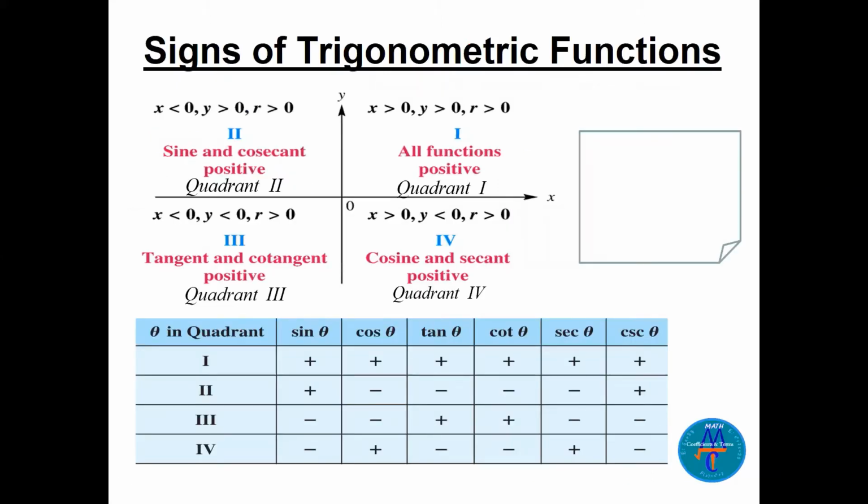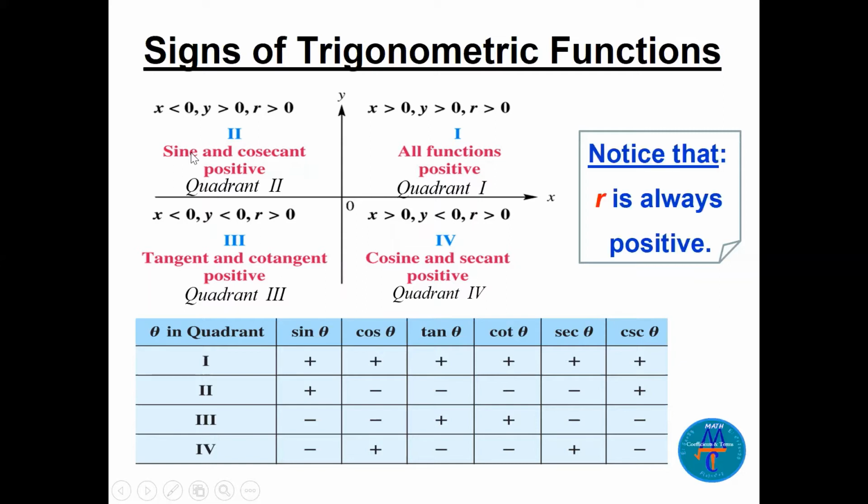Here, just to remind you of the signs, S-I-G-N, signs, the positive or negative. In quadrant 1, all the 6 functions are positive. In quadrant 2, sine is positive and so is cosecant, because by definition, sine is y over r. I mentioned so many times, r is always positive.